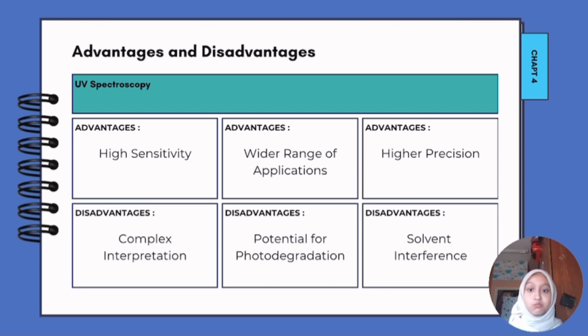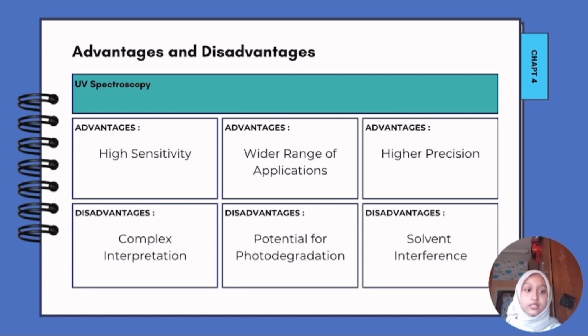It can analyze both colored and colorless compounds, as many organic and inorganic substances absorb in the UV region. And the last advantage is higher precision. UV spectrometers can offer precise measurements, especially when equipped with advanced features like a photodiode array.